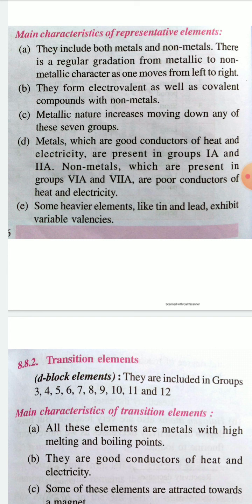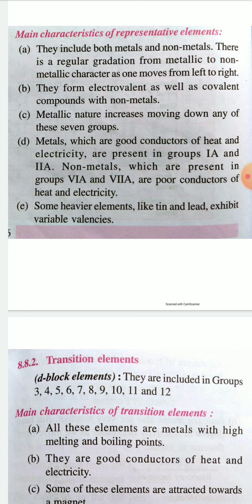Group 1 and 2 elements are good conductors of electricity, and group 16, 17 elements, that is oxygen, sulfur, chlorine, fluorine, are non-metals and poor conductors of heat and electricity.